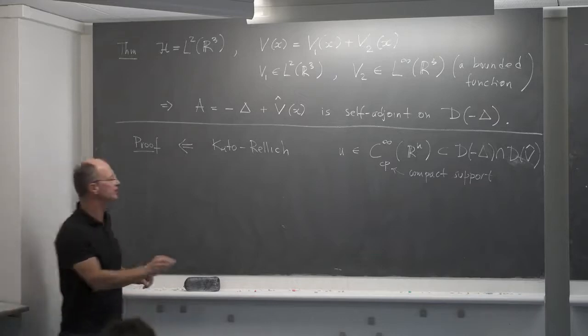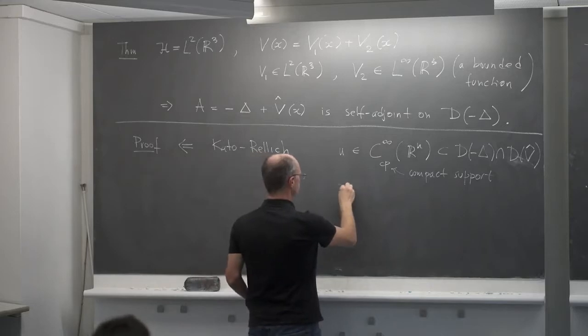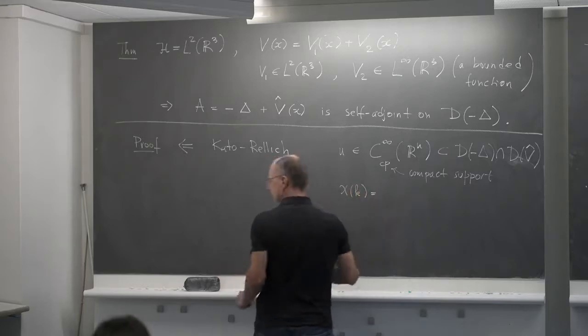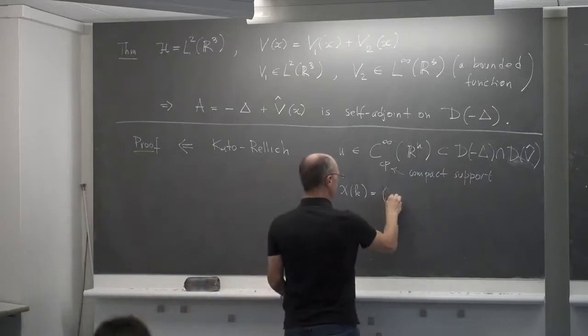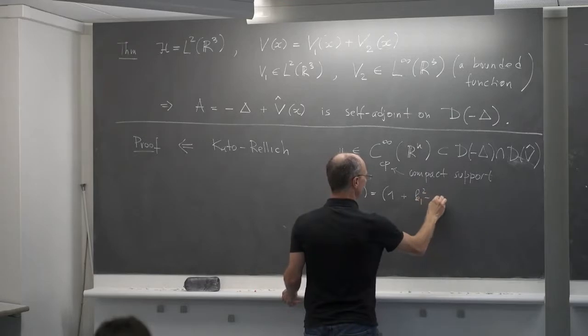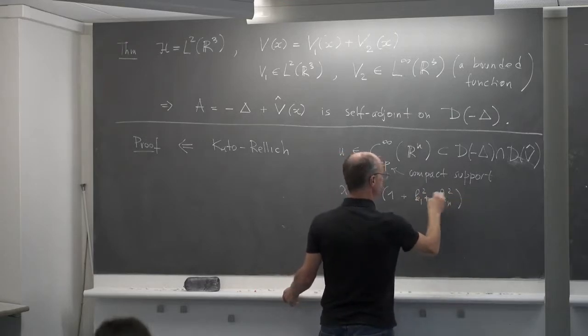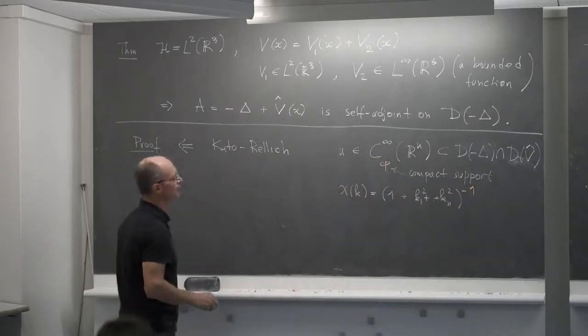Now, let me introduce one more function. Let me call it chi of k. And this will be (1 plus k1 squared plus so on plus kn squared) to the power minus 1.